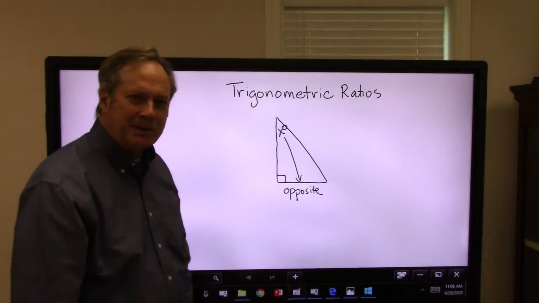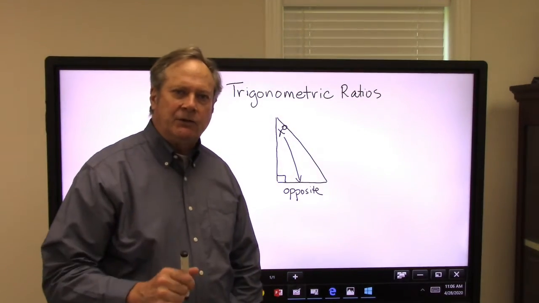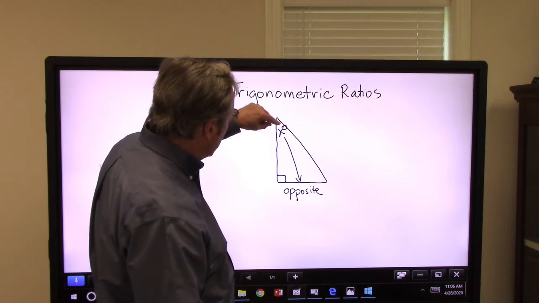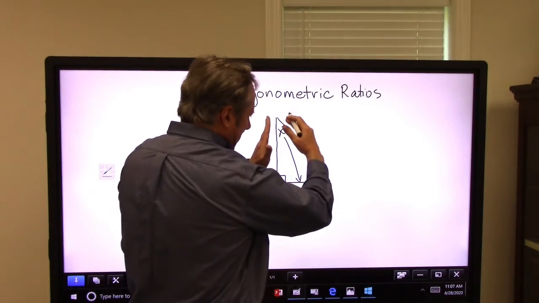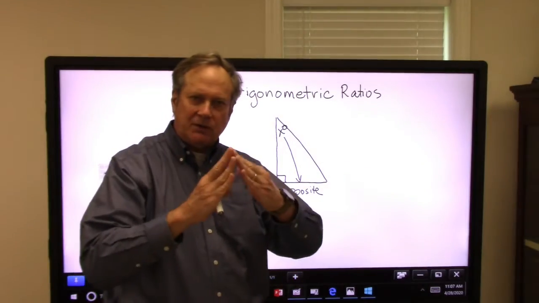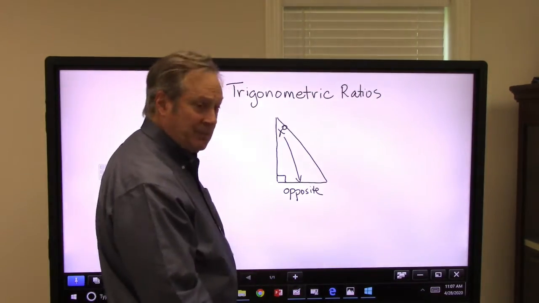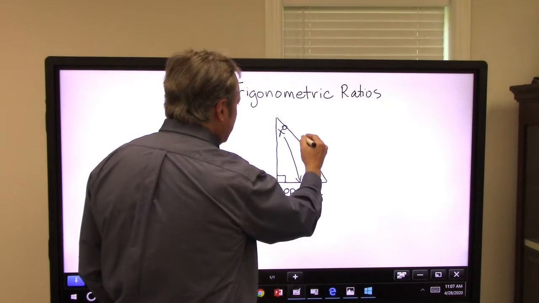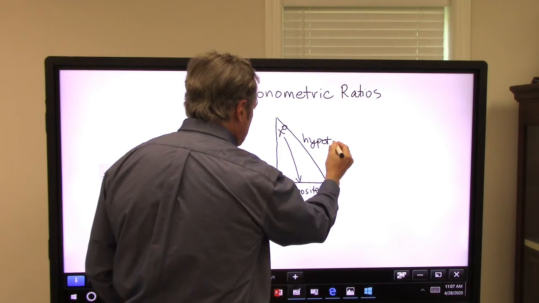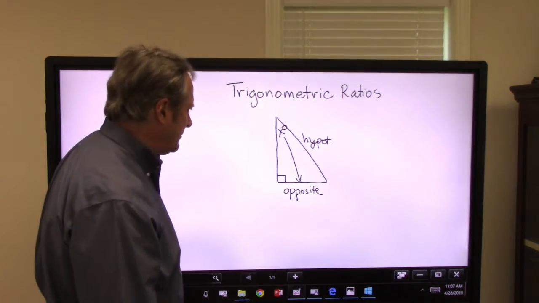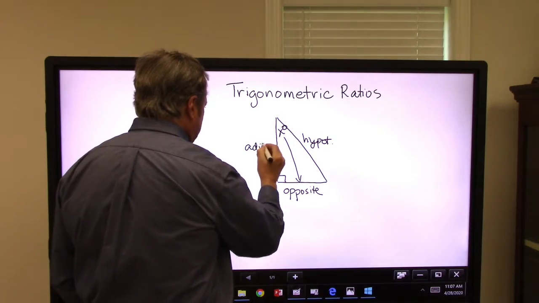I hope you'll agree with that. Now, the term adjacent comes in here. In terms of this little angle, this side is adjacent to it, and adjacent means next to. But this one's already got a name. It's across from the right angle, so this is the hypotenuse. I'm just going to abbreviate it that way. And so this is the adjacent side.